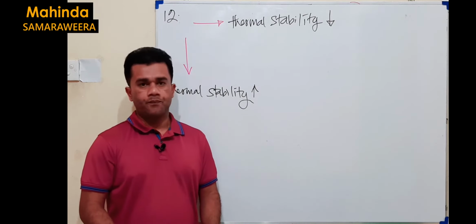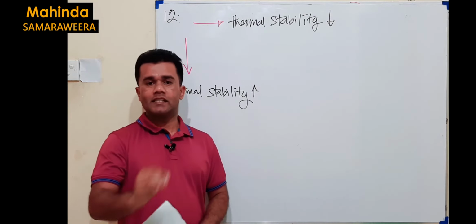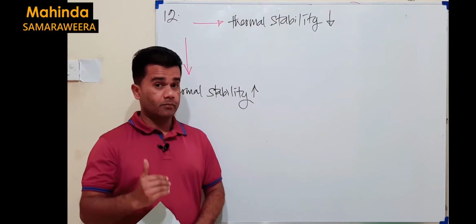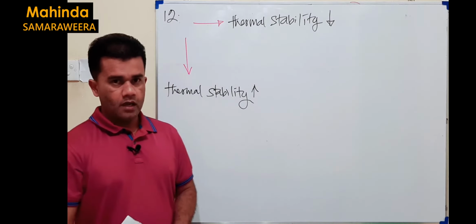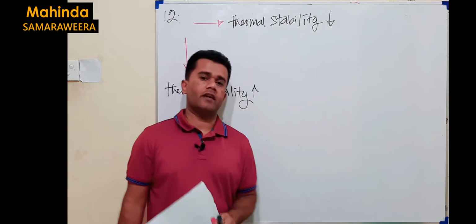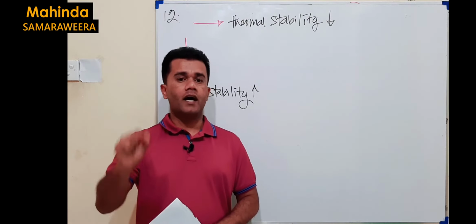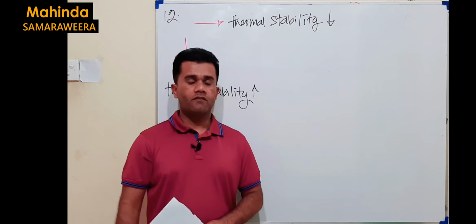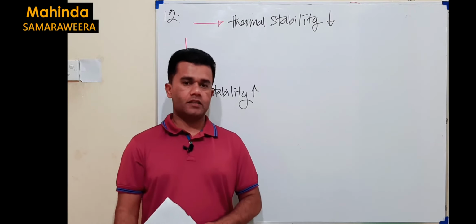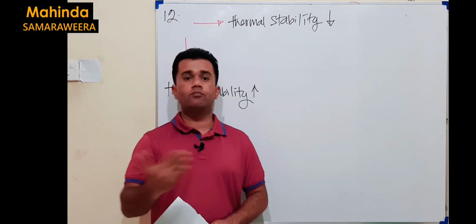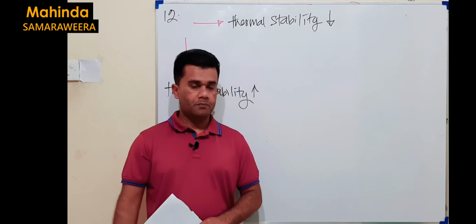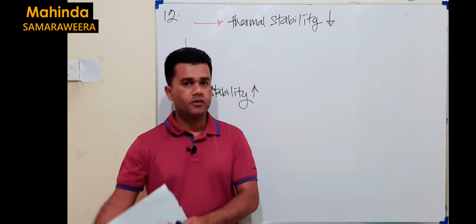That's the theory. The one which has higher polarization power of cation is thermally unstable. Because if the polarization power of cation is high, the electron cloud of the anion is easily deformed. So when there is deformation of the electron cloud in the anion, it's easy to break down. That means it undergoes decomposition.